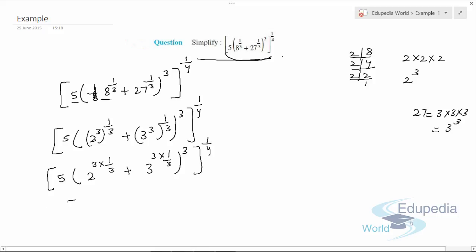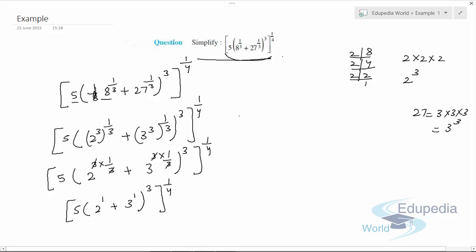Now this can be written as 5 into, now in this part the power 3 will get cancelled out, it will become 2 raised to power 1 plus again the power will cancel out, it will become 3 raised to power 1, bracket close power 3, again bracket close raised to power 1 by 4.